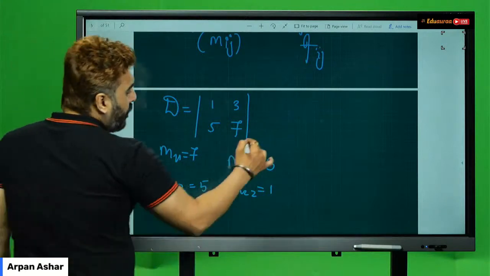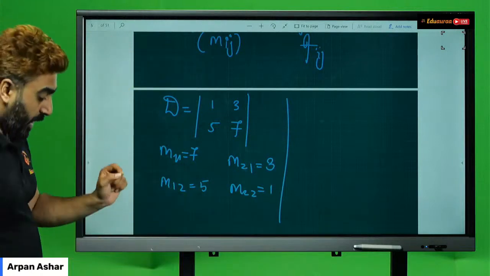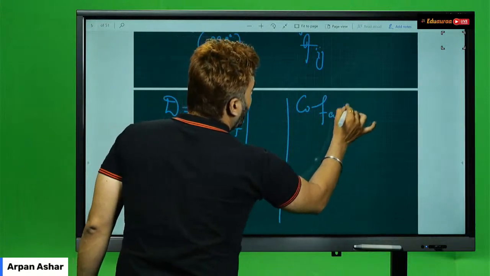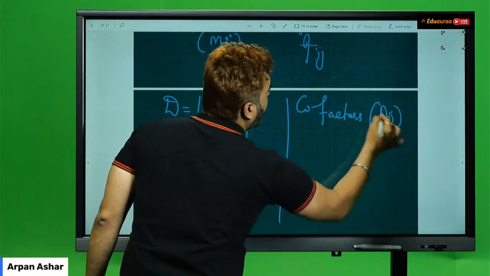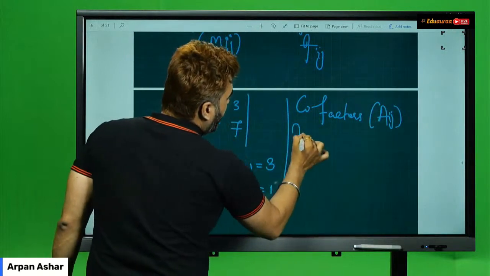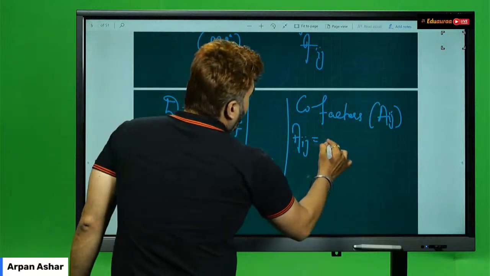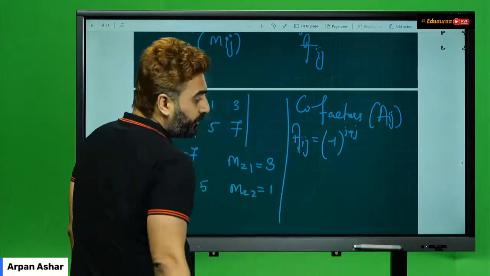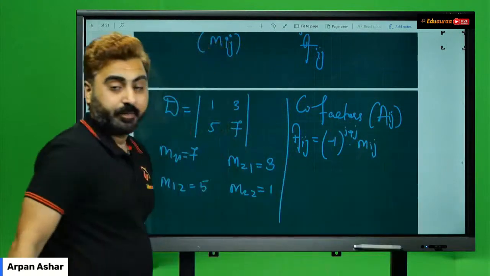सो कोफैक्टर्स फाइंड करने के लिए हमें एक फॉर्मूला यूज करना है. एंड व्हाट इज दैट फॉर्मूला? सो कोफैक्टर्स अगर फाइंड करने हैं, सो द फॉर्मूला फॉर फाइंडिंग कोफैक्टर्स इज (-1) raised to i plus j into M ij.